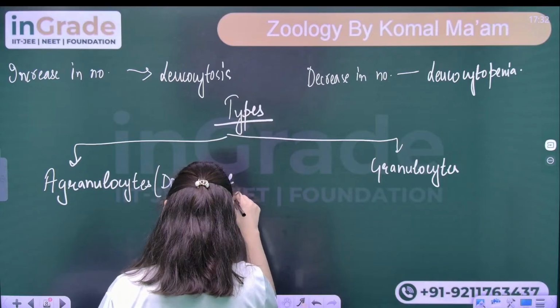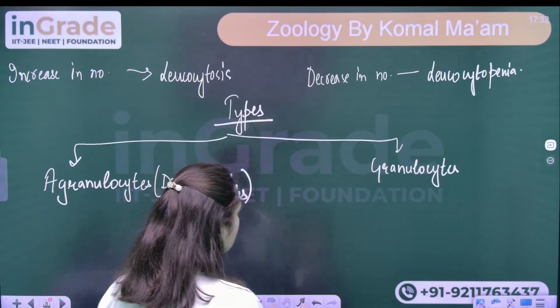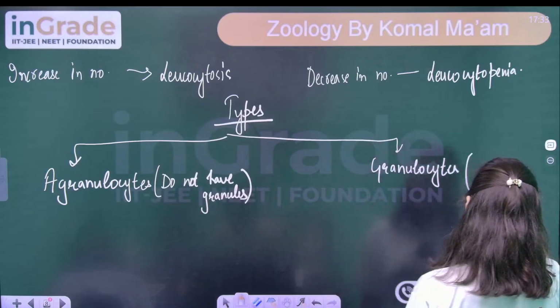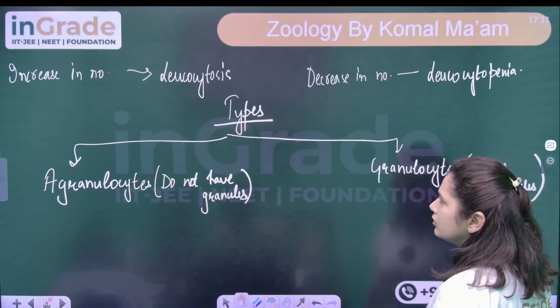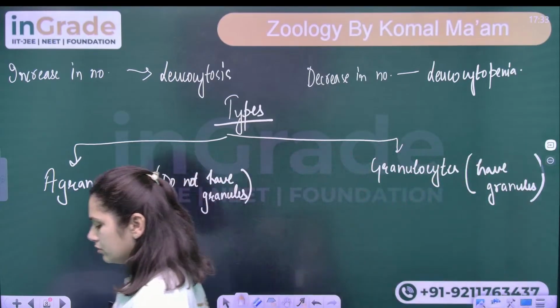And what are granulocytes? Those which have granules. Okay, so these are the two types of your WBCs.